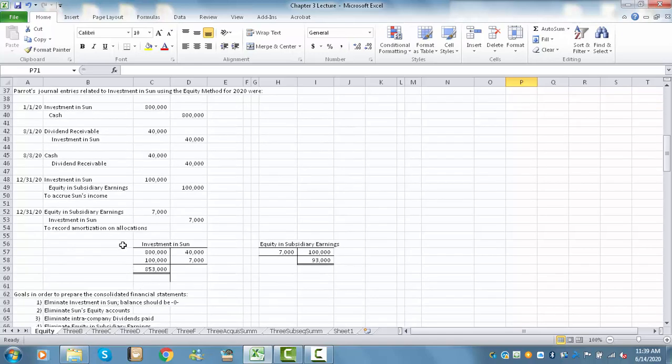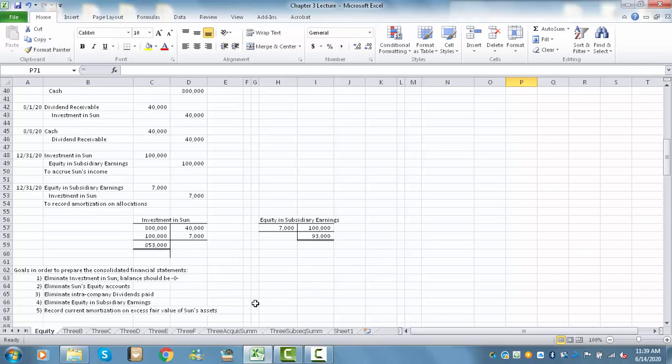So after we've done all of the real entries, real like in our financial statements, we have an investment in Sun that started at $800,000, went up by $100,000, went down by $40,000 for the dividends, and $7,000 for the excess amortization. So in our books now, we have $853,000 as our investment, and the equity in the subsidiary's earnings for 2020 is $93,000.